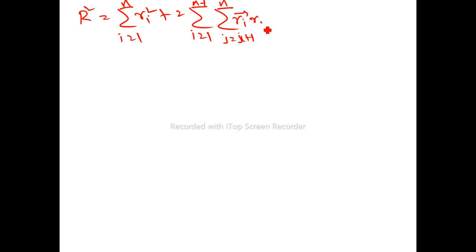We can get it as summation of i equal to 1 to n Ri square plus 2 into summation of i equal to 1 to n minus 1, j equal to i plus 1 to n, Ri Rj, right?